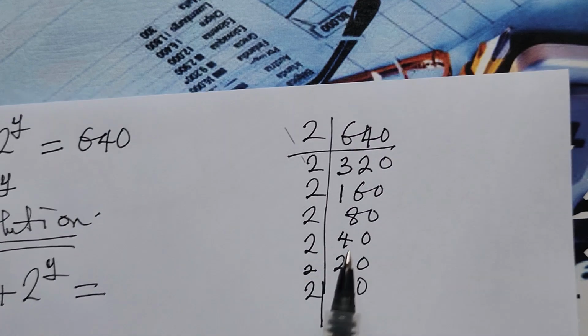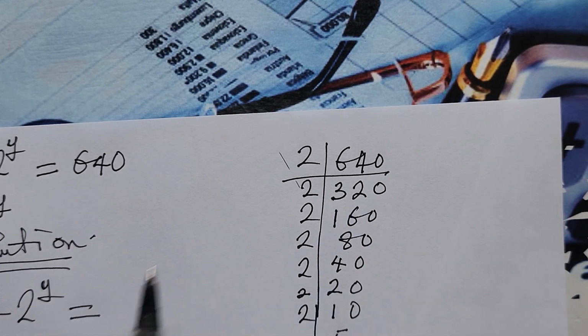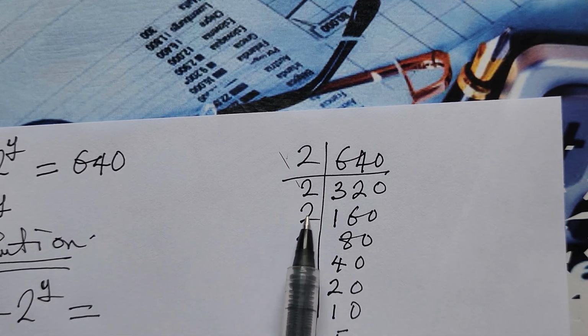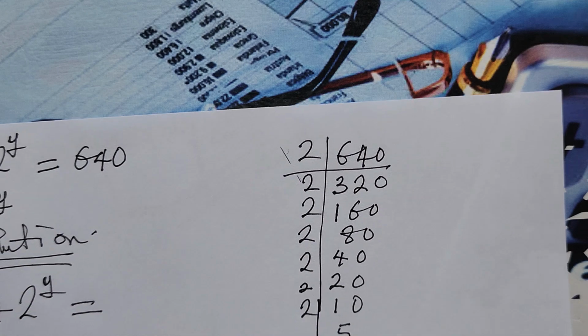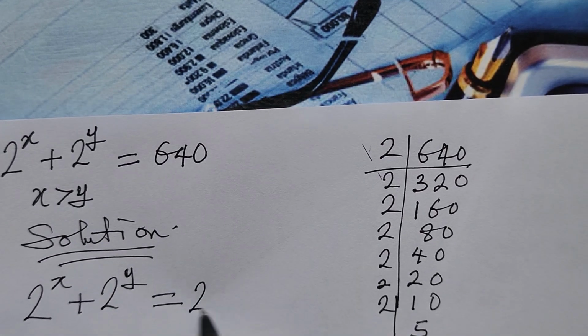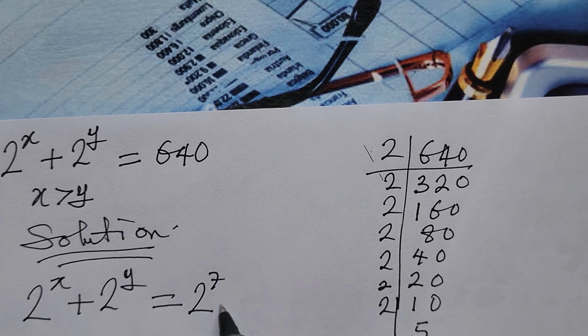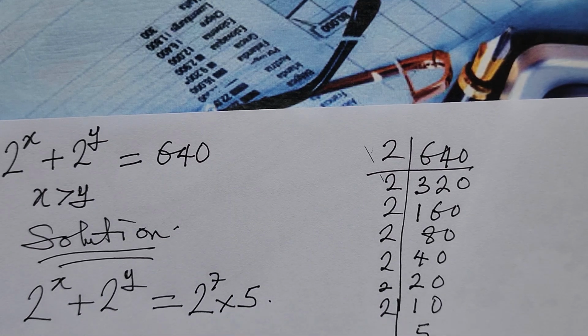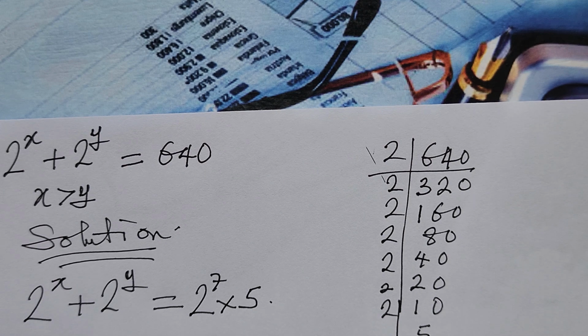So we can express our 640 in the form 2 to the power of 7 times 5, since we divided by 2 seven times. Easy, right? Good. Now, we can separate this multiplication.